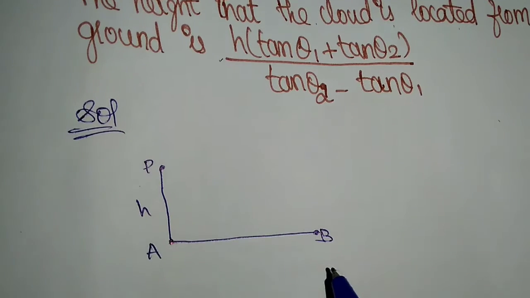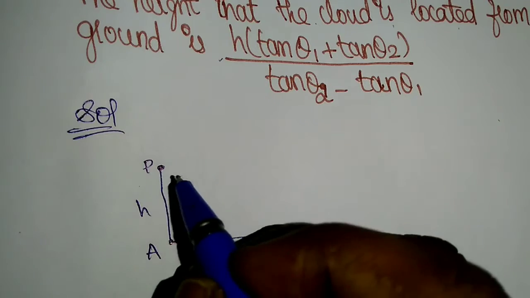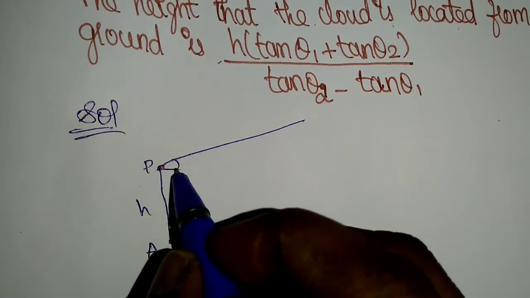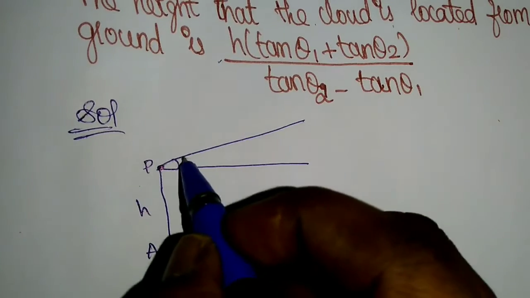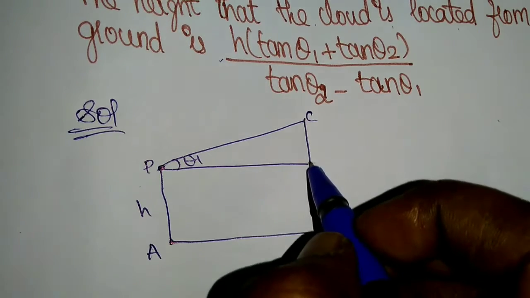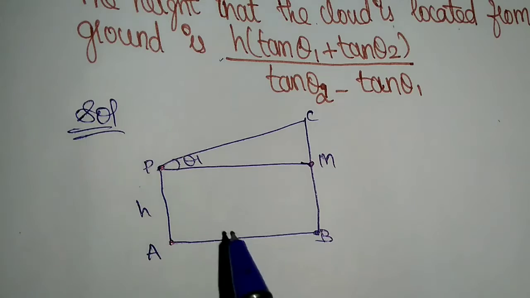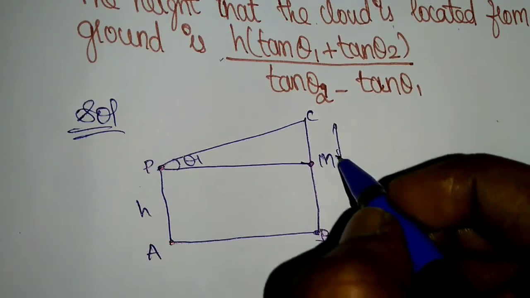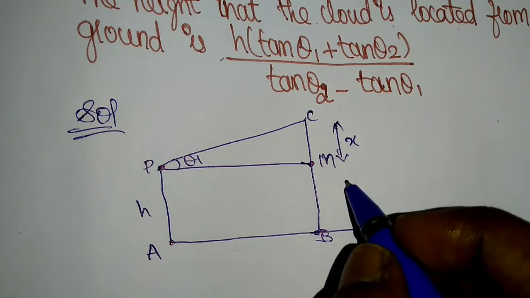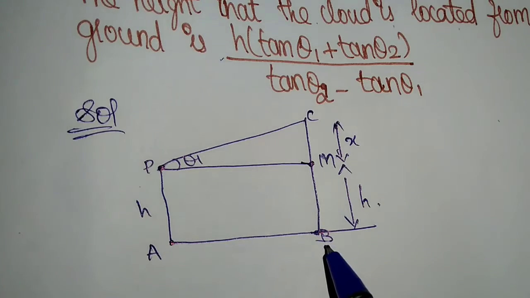Now from the point, the angle of elevation is theta 1. It is C, the cloud point, and it is the point M, and this is X, and this is H. PA is equal to MB.